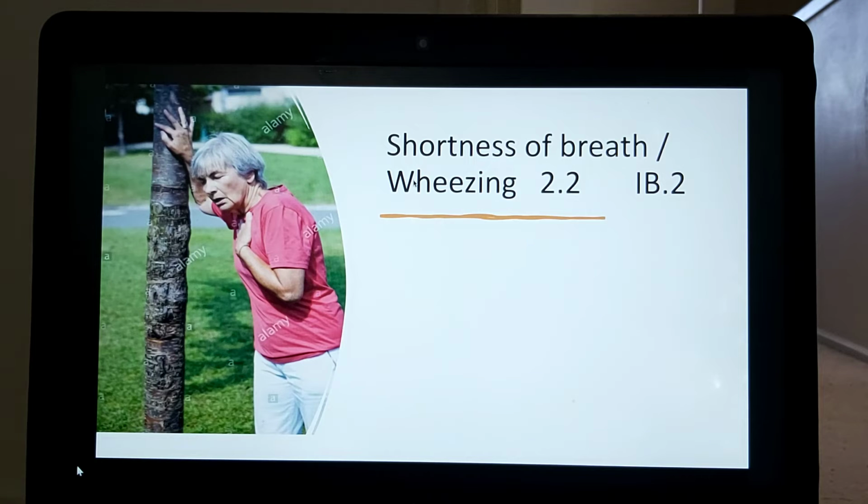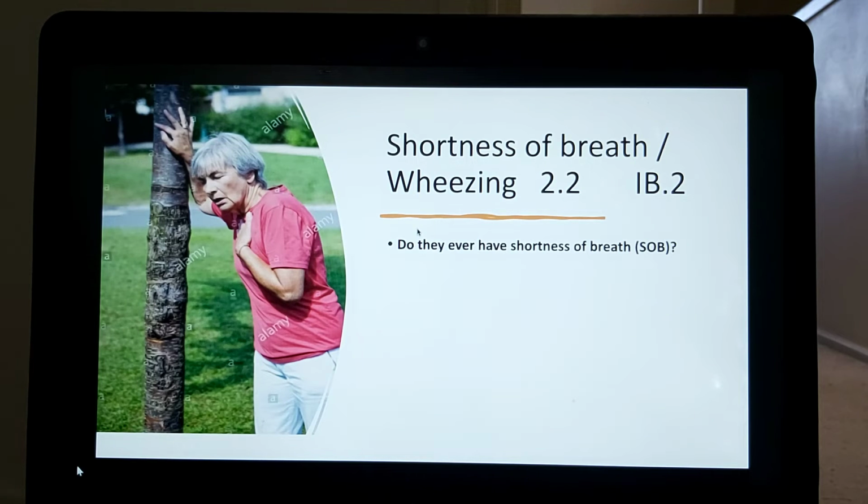But when you ask about the shortness of breath, you are fulfilling the 2.2 criteria, that is comparing the findings with what is expected for the condition. And also doing the 1B.2 criteria, that is examination and finding the right signs and symptoms in the person.